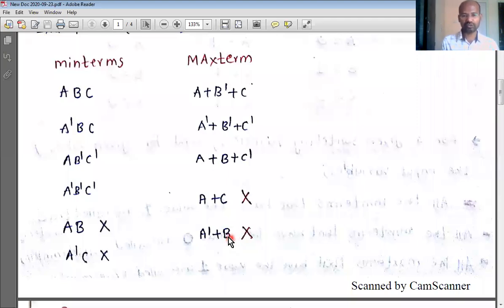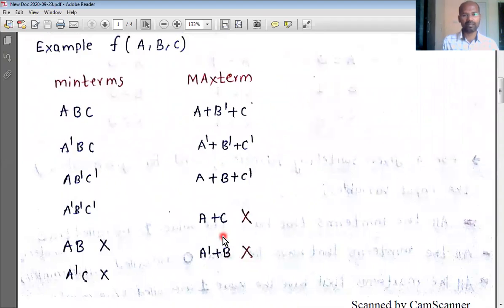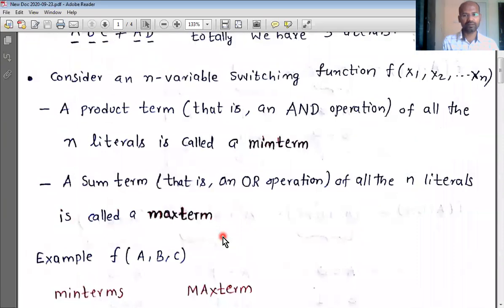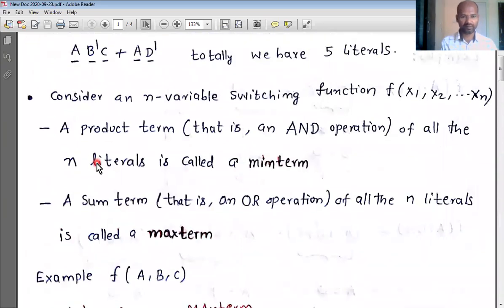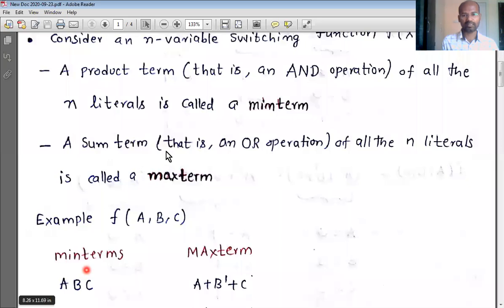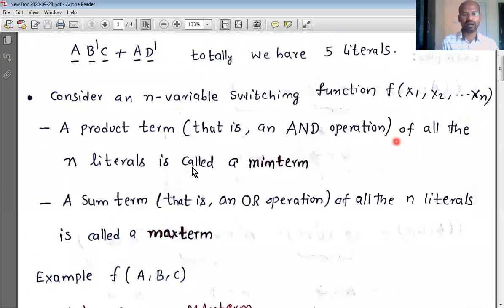I hope you understood what min term and max term are. Let's read the definitions again. If you have any doubt, we can clarify here. A product term means like this, A, B, C, A bar, B bar, C. What operation is between these literals? AND operation. A product term, that is AND operation, of all the n literals is called min term.